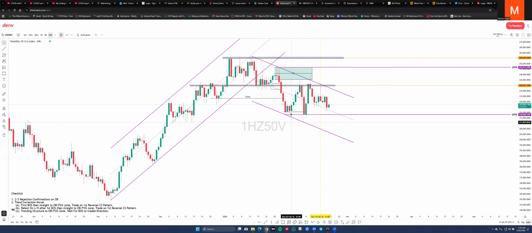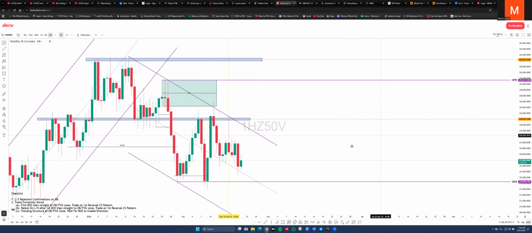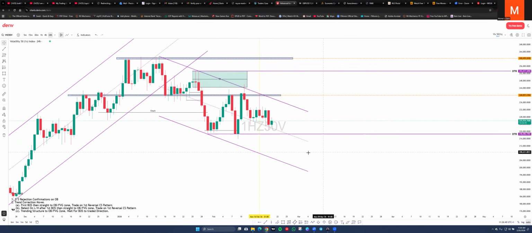Market is still within this traded zone, right? At this point, we have markets making a lot of lows, and the market is still trending down anyway. We're still looking at the downtrend for markets here.